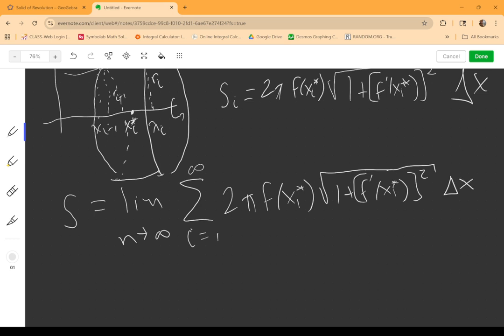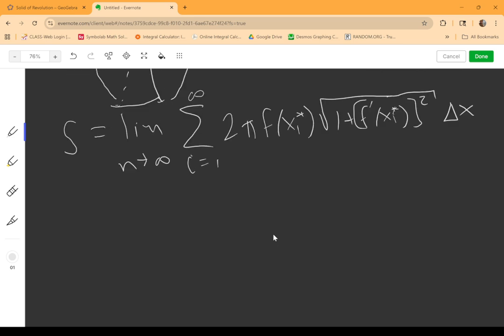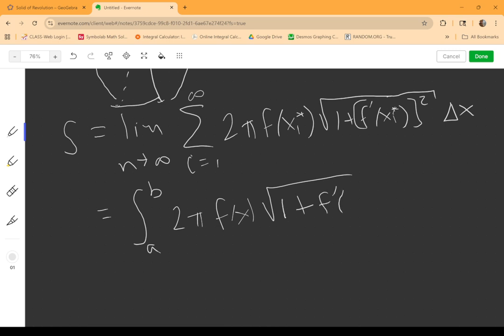All right, and again, as long as certain conditions are satisfied, in this case, well, that the function itself is continuous, then this will converge to the definite integral across the interval a, b of 2 pi f of x square root of 1 plus f prime of x quantity squared dx.